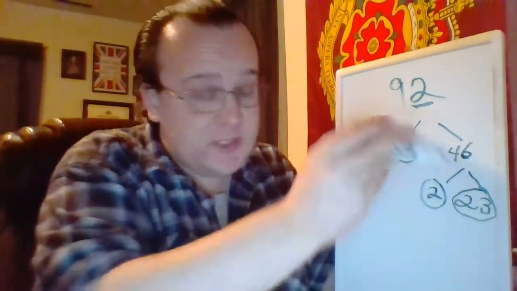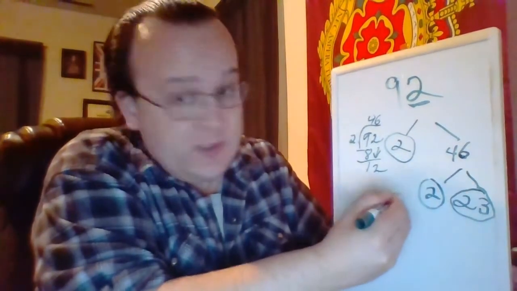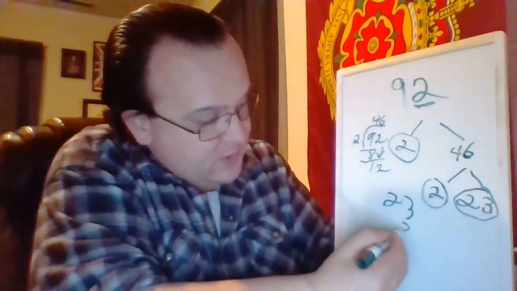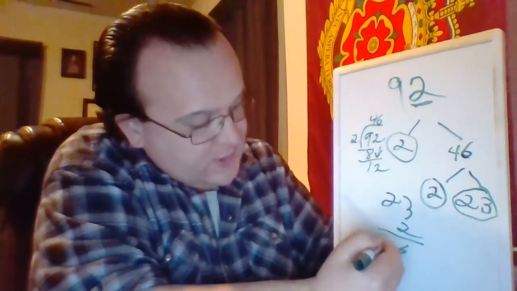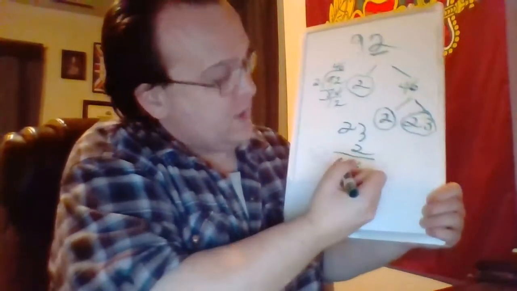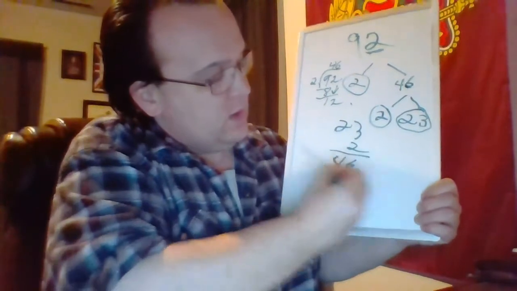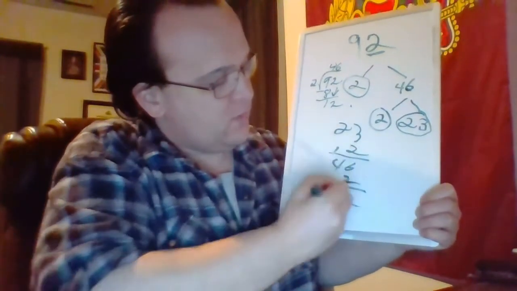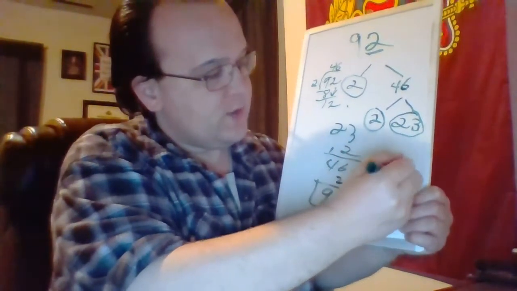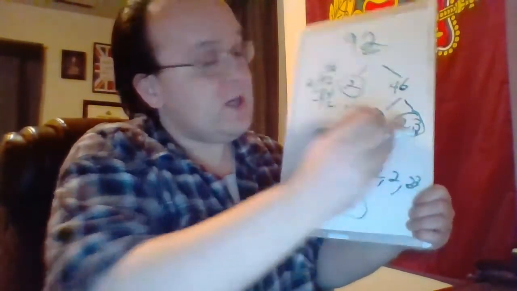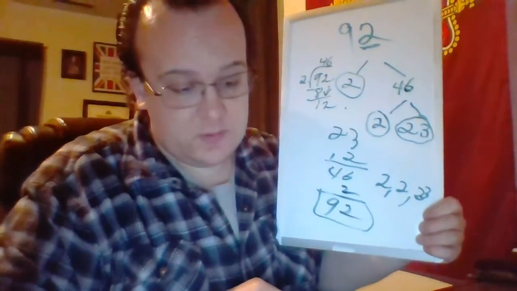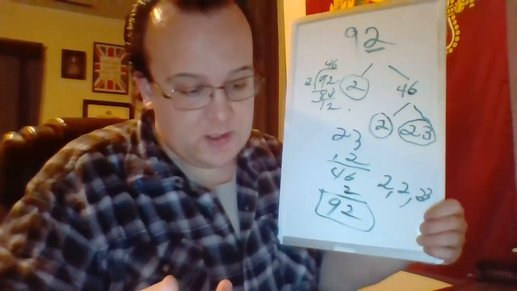It's that simple. But let's check our work. 23 times 2, again, is 46. We know 46 times 2, 12, carry the 1, 92. So we know that the prime factors of 92 are 2, 2, and 23.